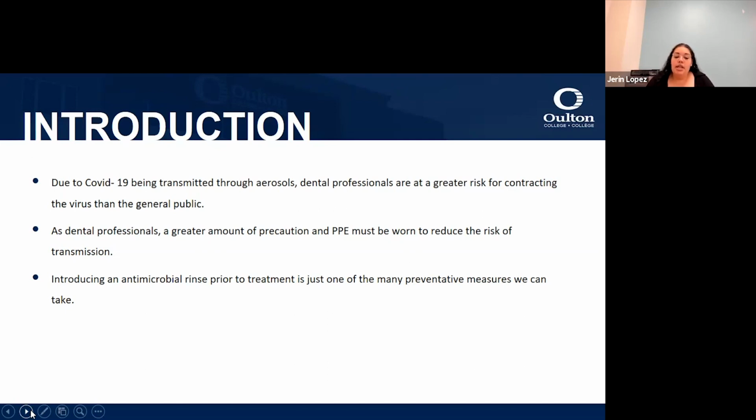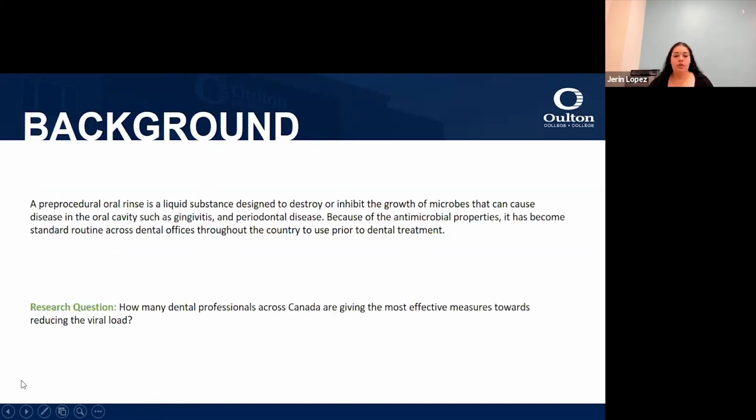And so introducing an antimicrobial rinse prior to any dental treatment is just one of the many ways that we can help to reduce the occurrence. A pre-procedural rinse is a liquid substance that's aimed to destroy or inhibit the growth of microbes that can cause disease in the oral cavity, such as gingivitis and periodontitis.